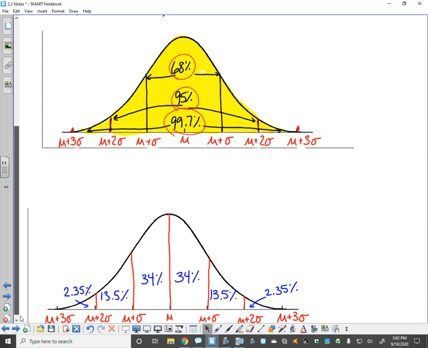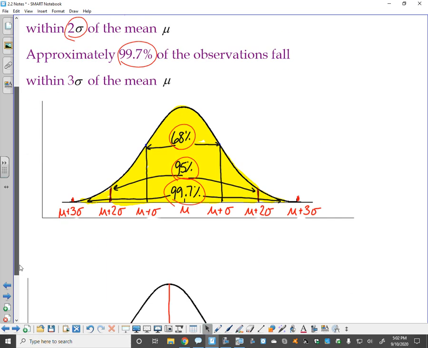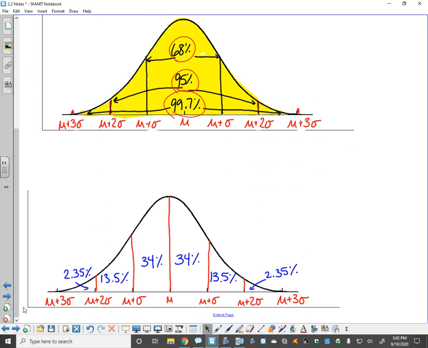All right. So if I know that this is 68%, then doesn't it make sense that it's 34% one way and 34% the other way? I just cut it in half. Okay.